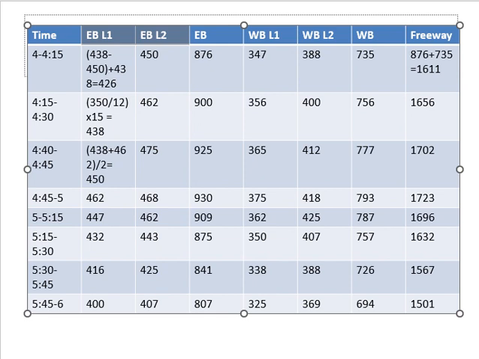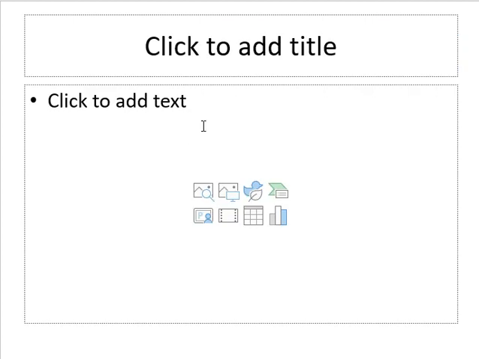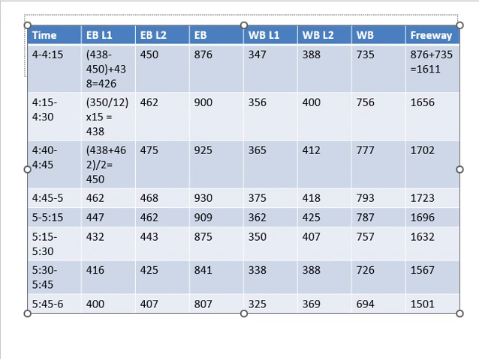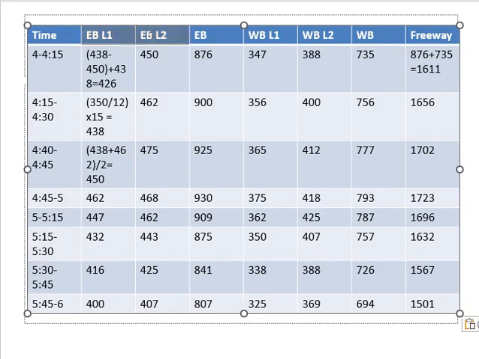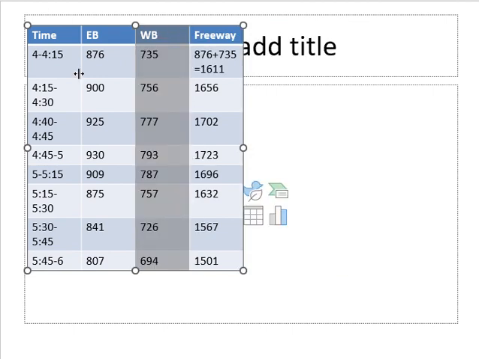Or let me just put another slide. Okay, the columns which I don't want.